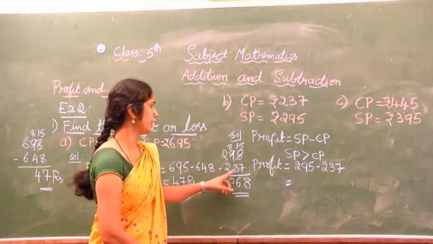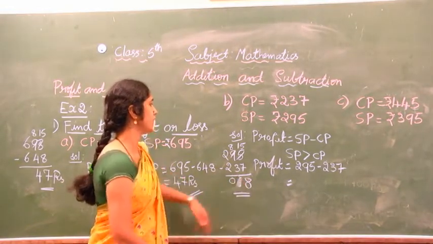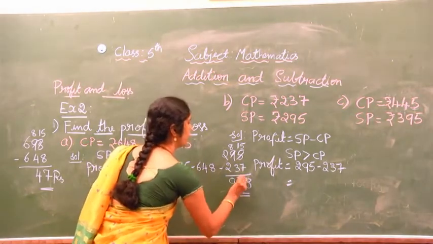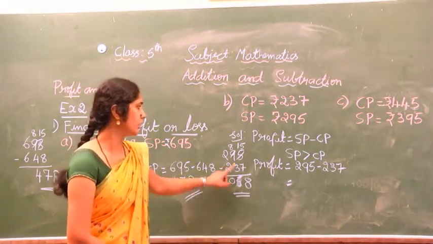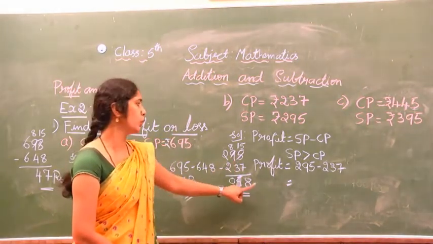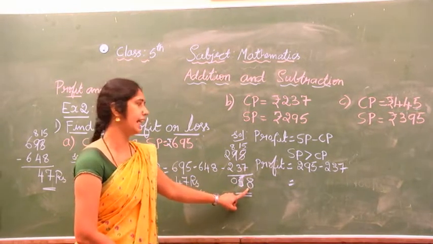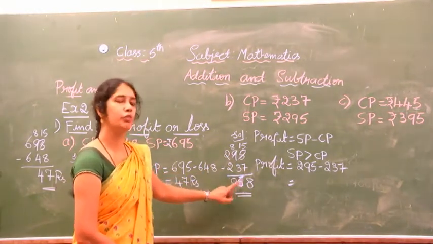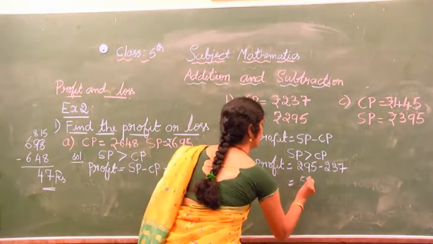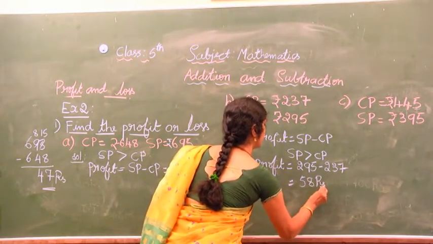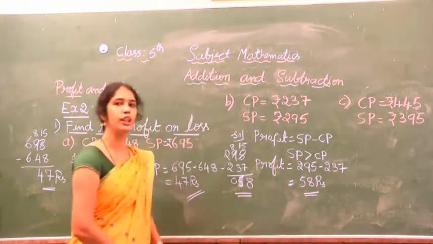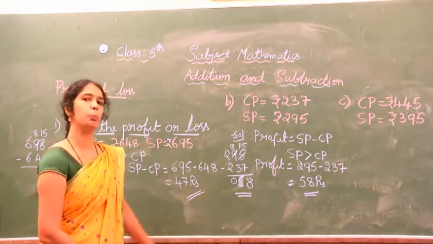Did you understand? So what you got? 58 rupees. You got a profit of 58 rupees. Okay?